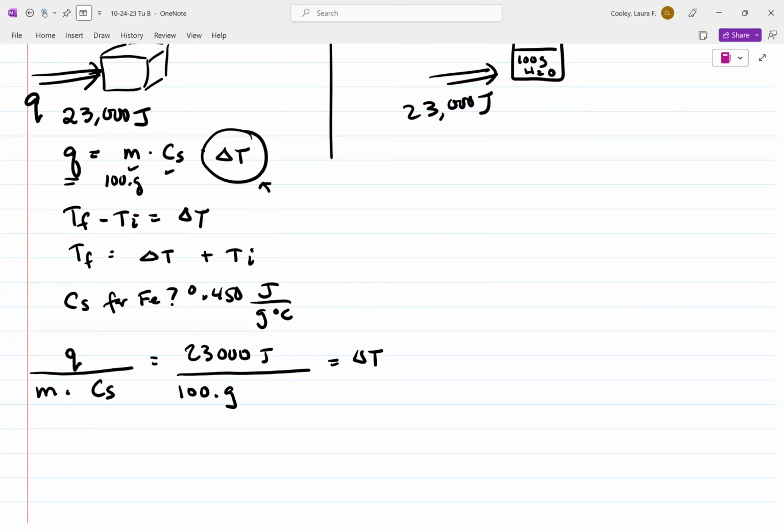If I solve for delta T, it's Q over M CS.